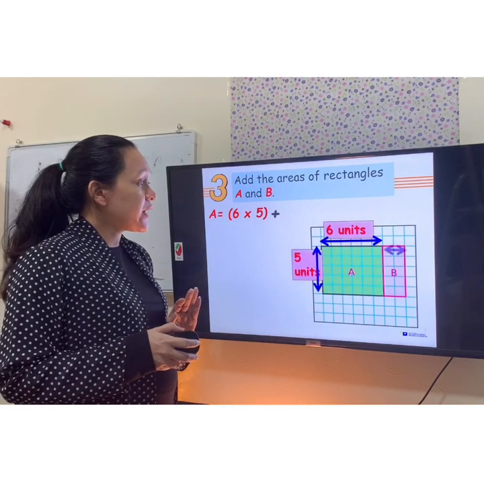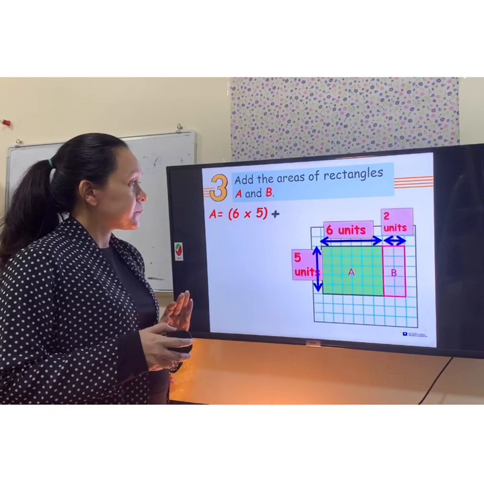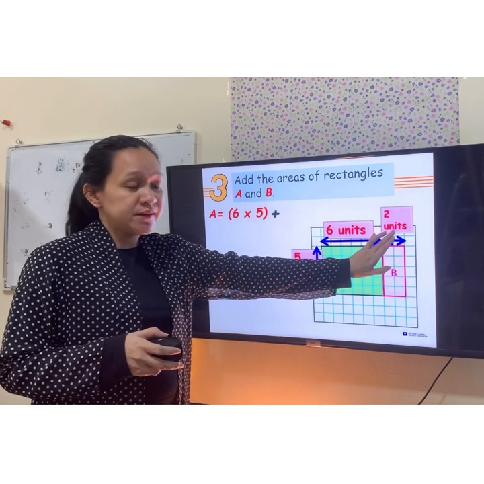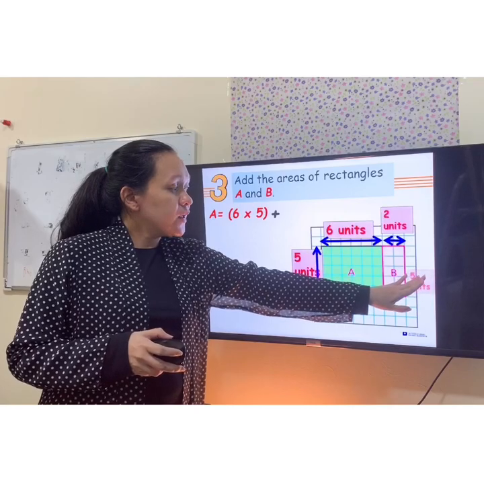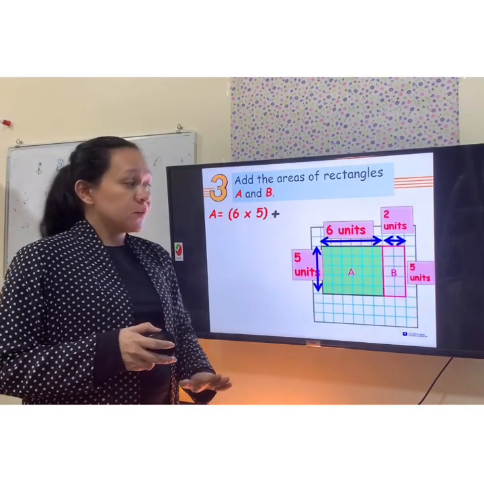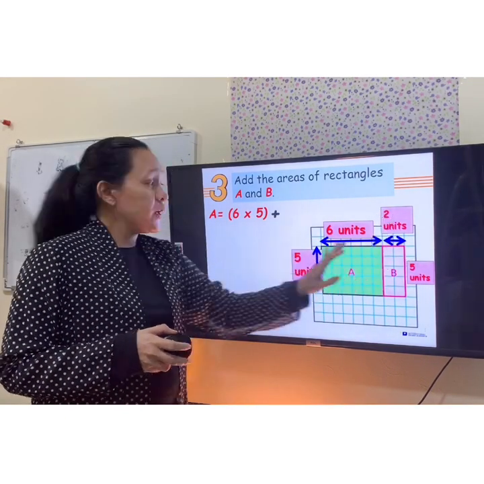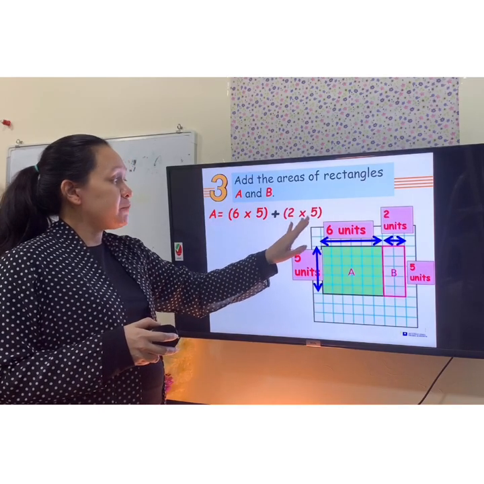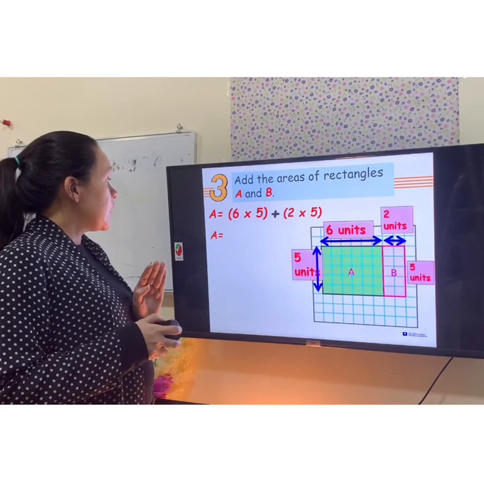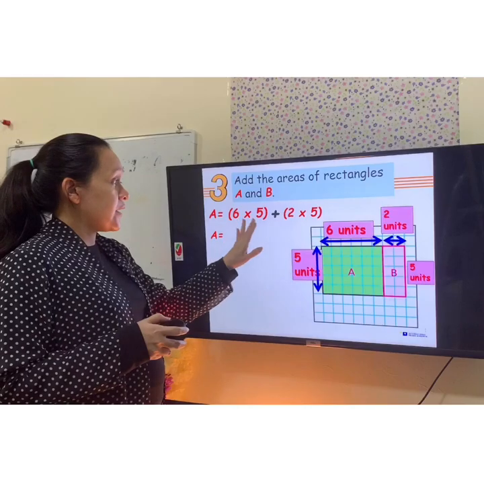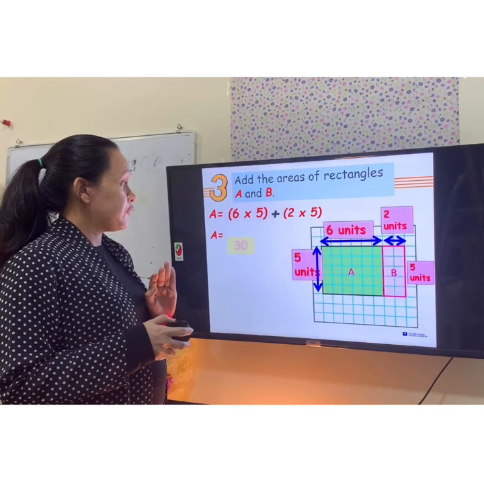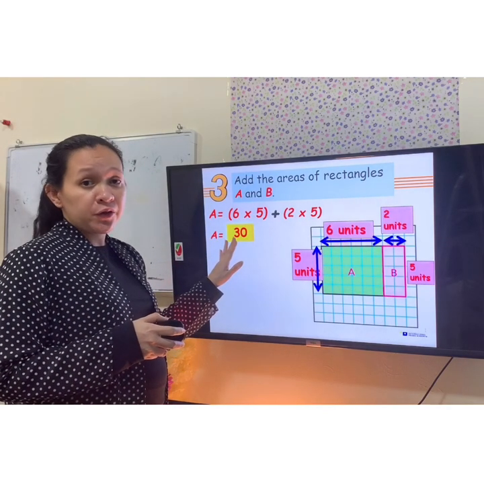Let's move to our rectangle B. We have 2 units here, and on this side, we have 5 units. So we multiply both: 2 multiplied by 5. Now we get the answer. 6 multiplied by 5 is equivalent to 30.